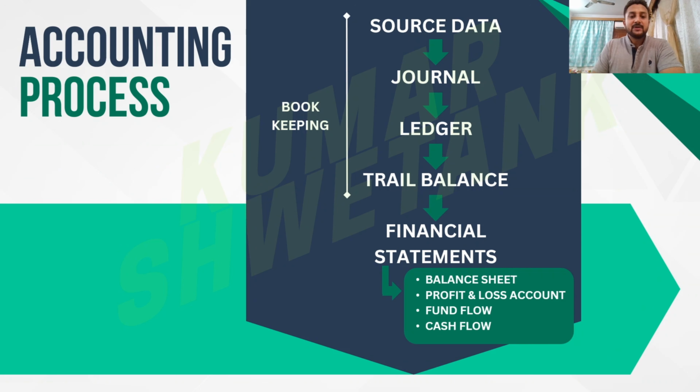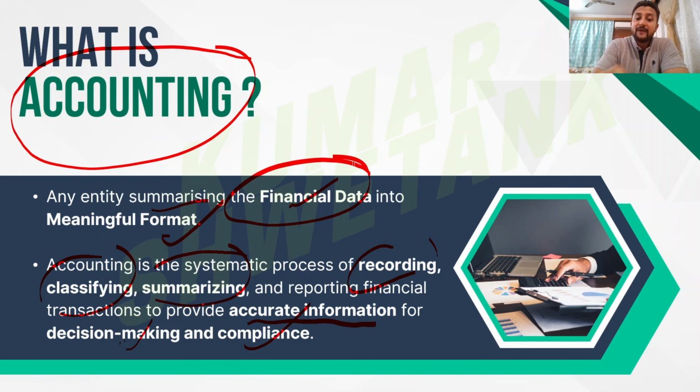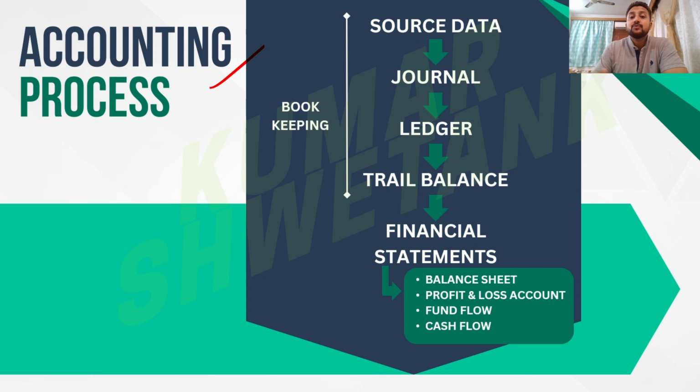Now, to move further, let's go. What is the accounting process? We know what accounting is, but for accounting there is a process where you get the financial data. Now you use that source data for recording, and for recording we use journals.